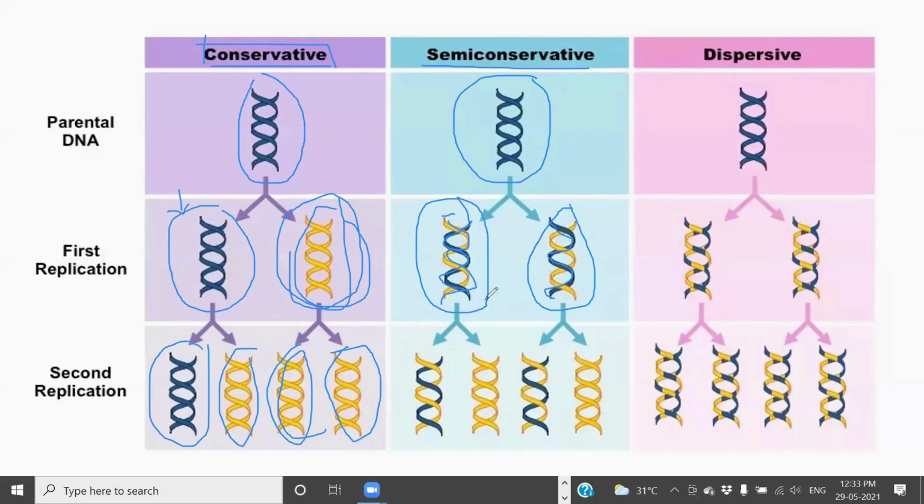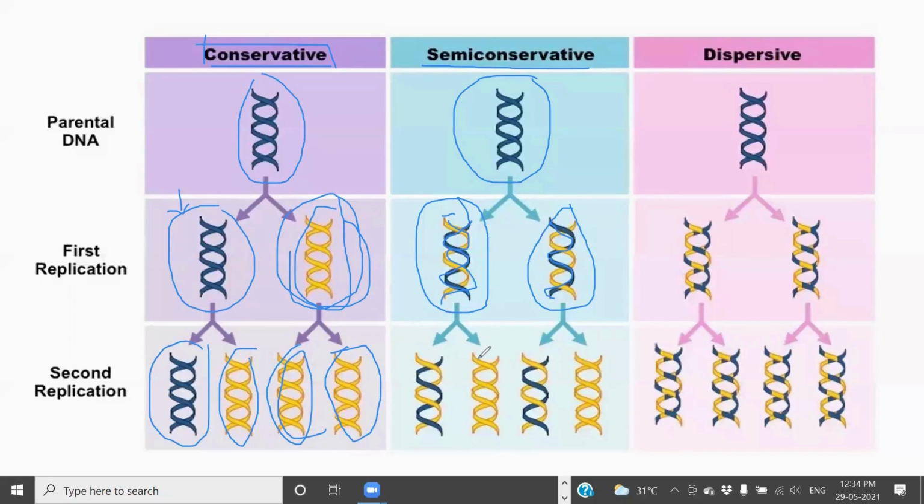So in the first DNA replication, both DNA molecules are composed of one old and one new daughter DNA strand. This kind of DNA replication is called semi-conservative DNA replication. Again, in the second cycle of replication, you can see both strands separate. Here, the old strand separates, and a new yellow strand is synthesized.